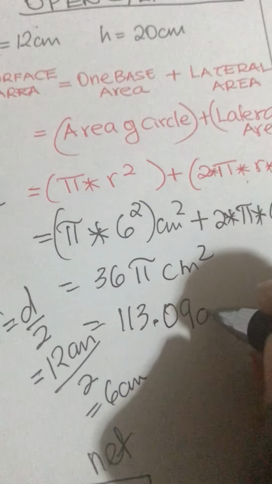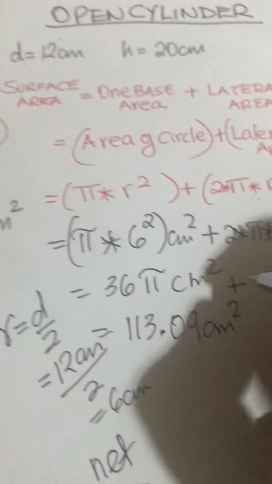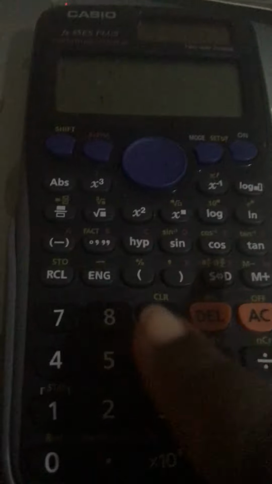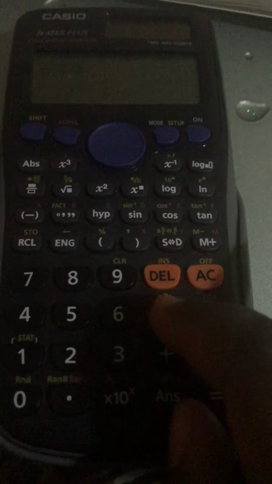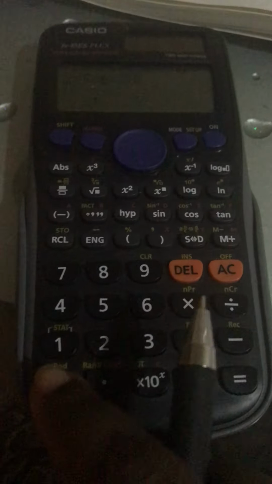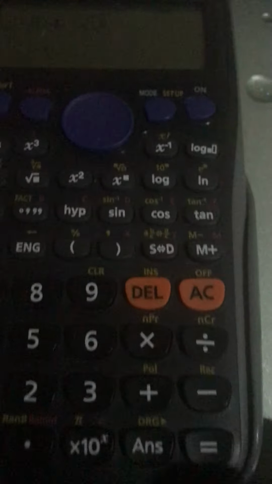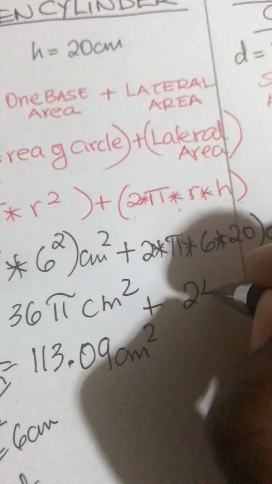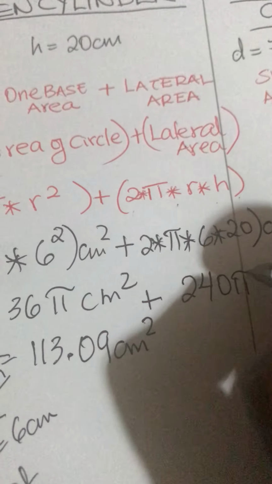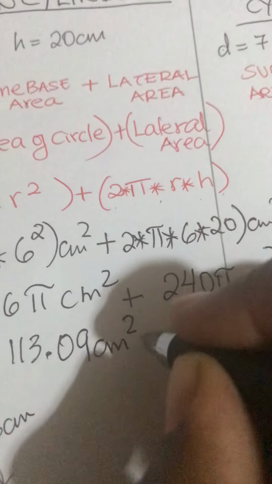113.09 centimeters squared plus, then I do 2 times shift pi times 6 times 20. And then I get equal, I get 240 pi, 240 pi centimeters squared.